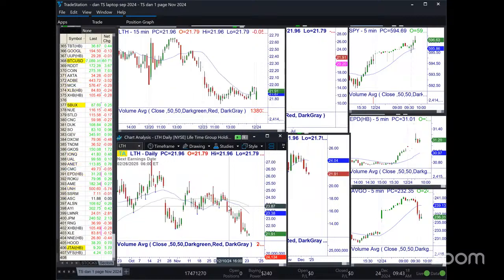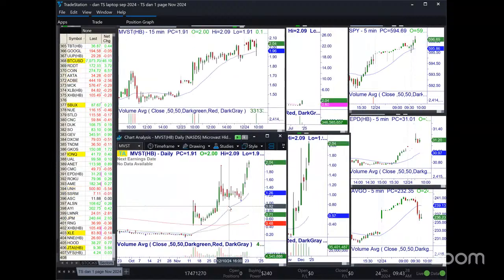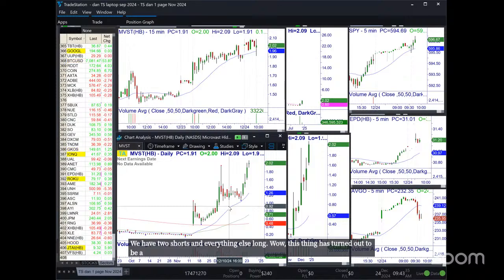We're short this at a little gap down. We're break even though. We shorted this yesterday, 21.91. So we're break even right now. We have two shorts and everything else long. Wow, this thing has turned out to be stellar.